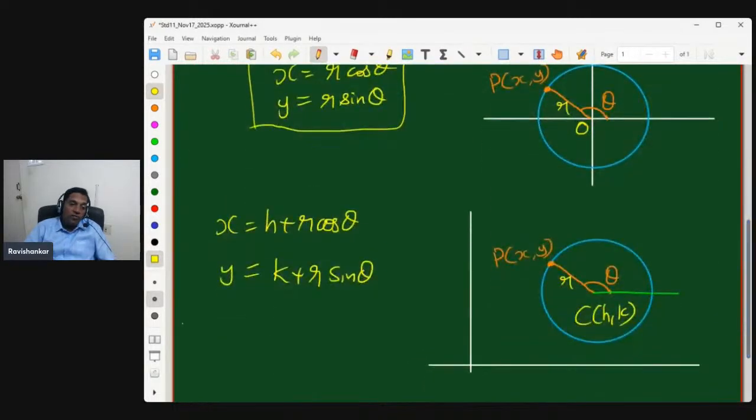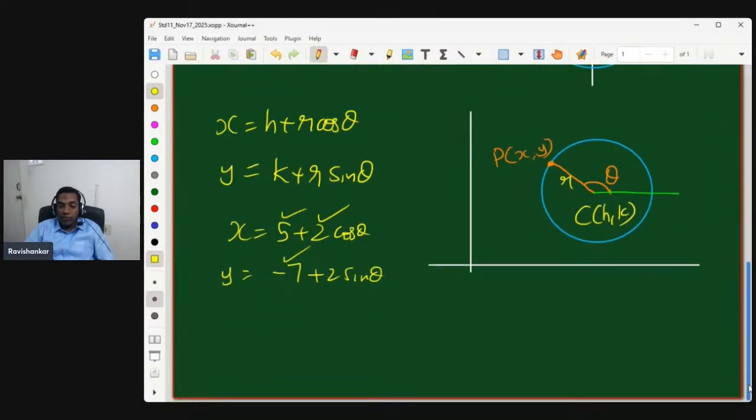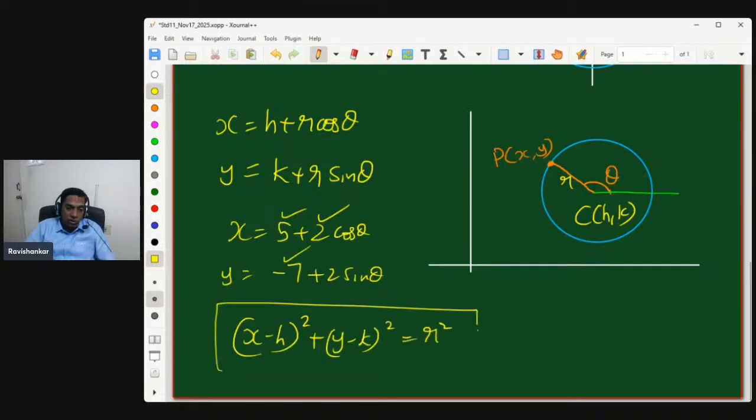So if you have an equation of the form x is 5 plus 2 cos theta and y is minus 7 plus 2 sin theta, you know what is h, what is k, and what is r. And therefore, you can find the equation of the circle as x minus h whole squared plus y minus k whole squared is equal to r squared.